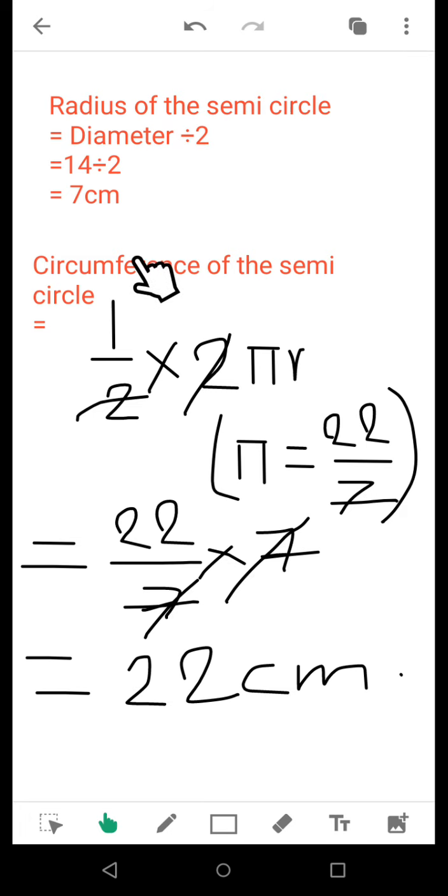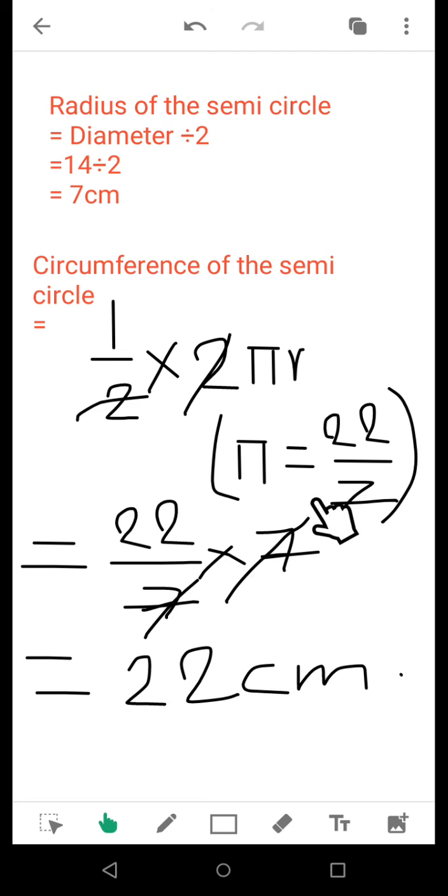Now coming to the circumference of the semicircle. How can you calculate? As you know, the formula is half into 2 pi r. You can calculate using that particular formula. So you see that this 2 in the half and the 2 in the 2 pi r will get cancelled out.